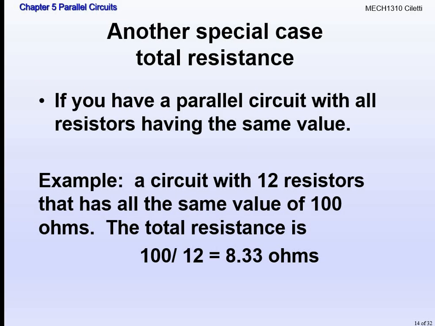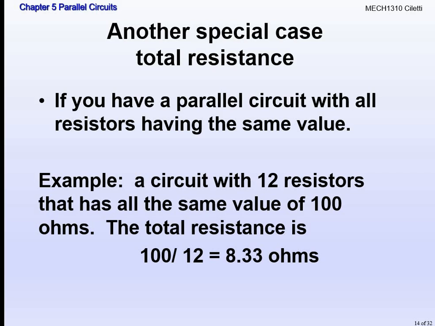One other special case for total resistance is, say we have 12 resistors that are all 100 ohms. This is a shortcut in parallel resistance. I hate showing shortcuts because you try to apply them to everything, but this is a shortcut. If all the resistors in parallel have the same value, then you can take the value of that resistor and divide it by how many you have.